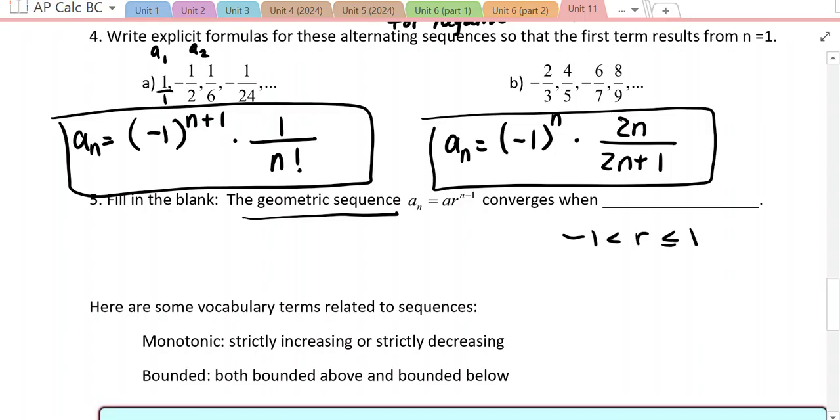Now, we wouldn't say the series would converge when r is 1, but the sequence does, because if r is 1, then my sequence is going to be a1, and then times 1, and then times 1, and then times 1. So the sequence is what we would call a constant sequence. So it is converging to a value because it's just whatever that starting term is. Okay. If my r is something like 1/2, then we're going to be approaching 0.